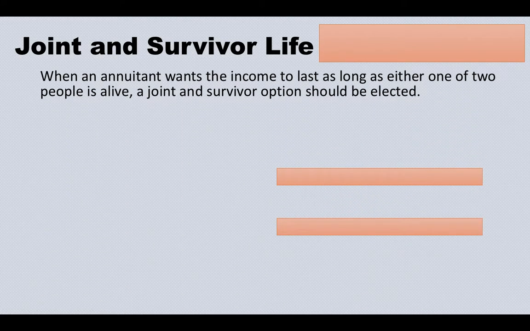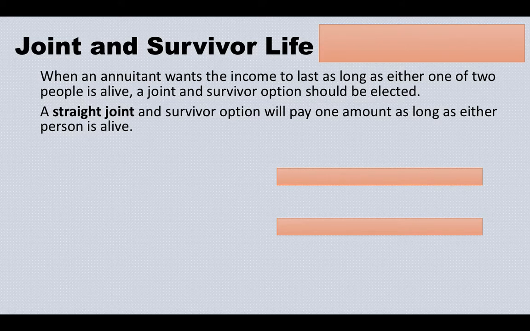Okay, this one is joint survivor life, for when you have a spouse. When the annuitant wants income to last as long as either of two people is alive, the joint and survivor option should be selected.